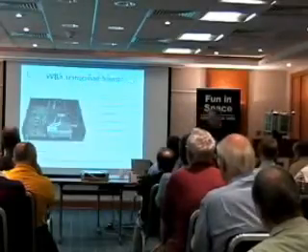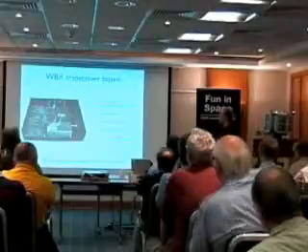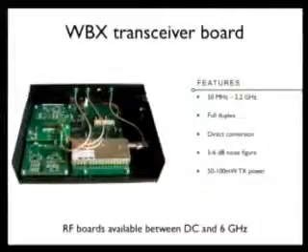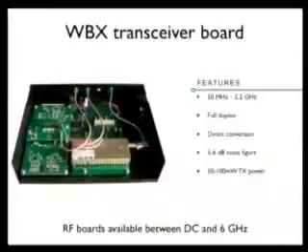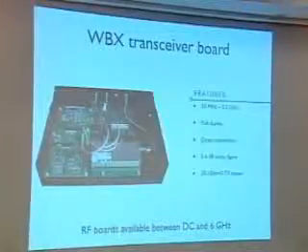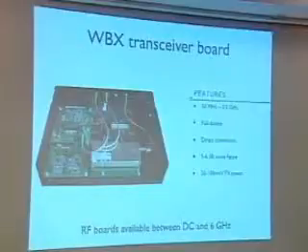Now I have a quick example of an RF board, which is called a daughterboard in the USRP terminology. It's called the WBX. It's one of my favorites simply because it covers 50 megahertz to 2.2 gigahertz. No band switches, nothing. One continuous coverage, 50 megahertz to 2.2 gigahertz, tuned via software.